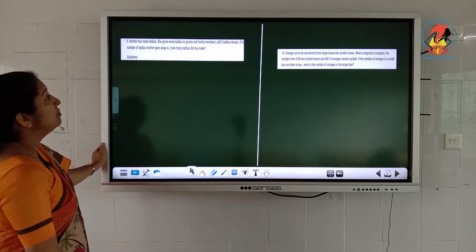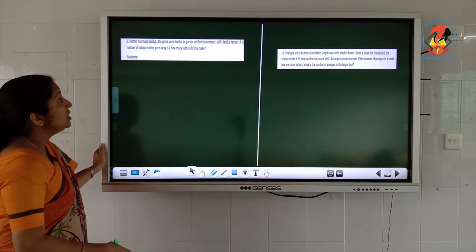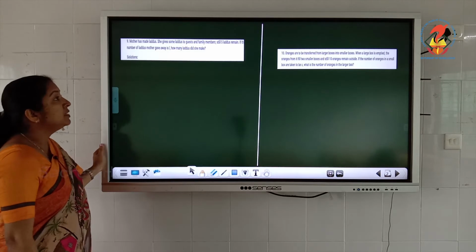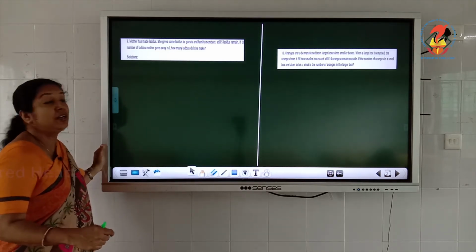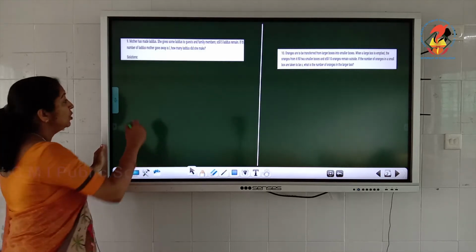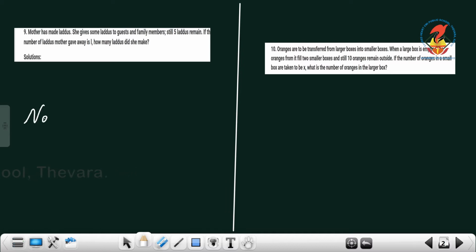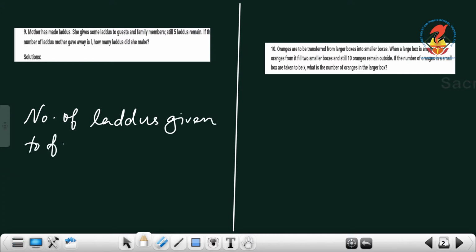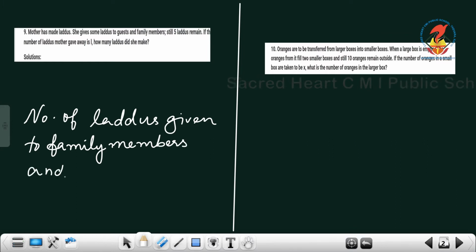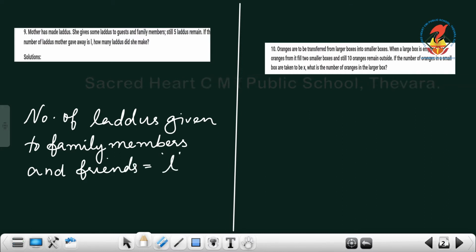Mother has made some laddus. She gives some laddus to Gus and family members, and it is given as L number of laddus she has given away. So, number of laddus given to family members and friends is equal to L number of laddus.